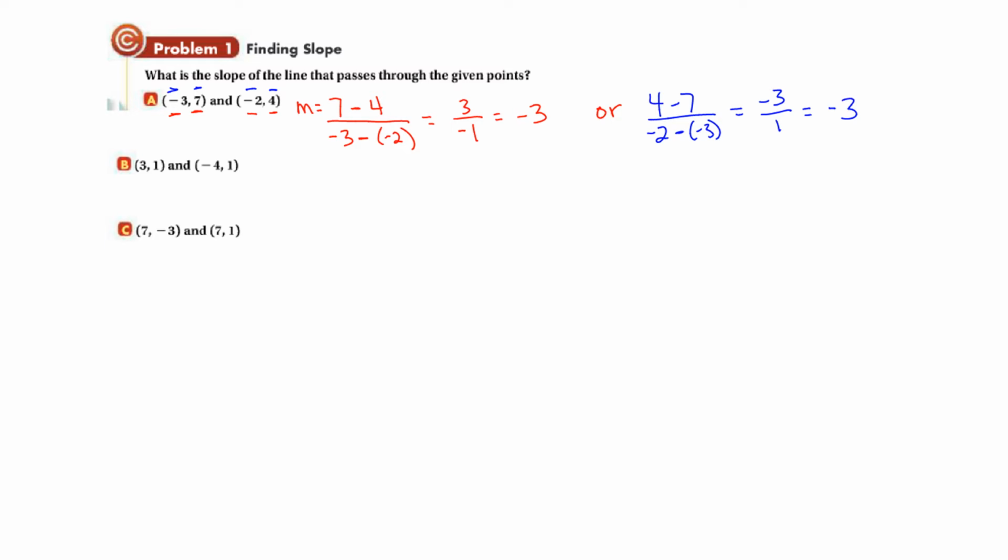Same thing. So it doesn't matter which point you start with, as long as whichever point you start with for your y's on the top, you start with its corresponding x on the bottom.